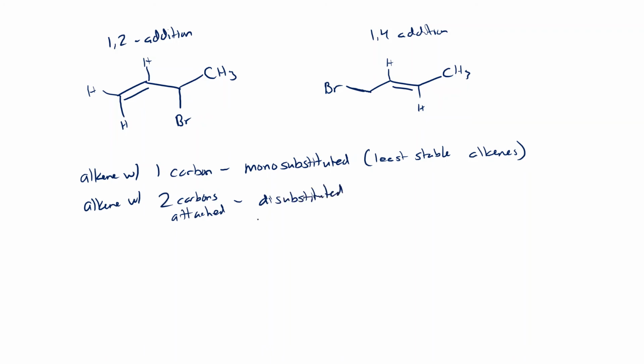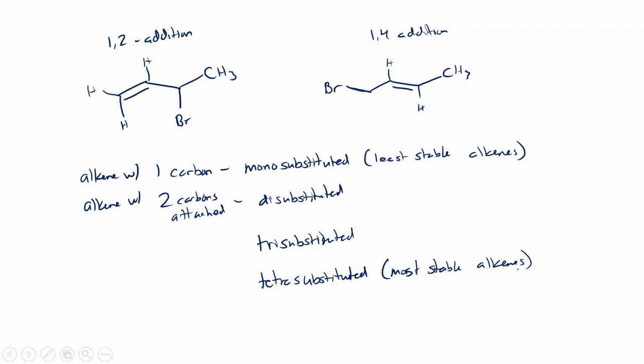And so on and so forth. We have trisubstituted, which is 3 substituents, and then we have tetrasubstituted, which is 4. Tetrasubstituted double bonds are the most stable alkenes. They're the least reactive, etc. So this is 3 carbons attached. This is 4 carbons attached.